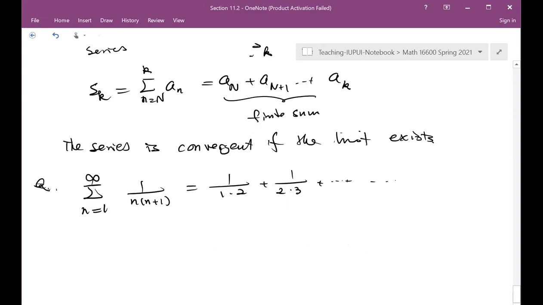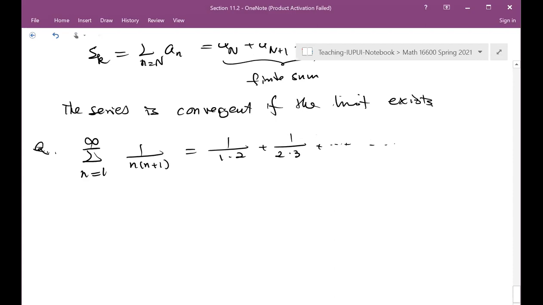This type of problem also shows up in math contests, even the middle school. You're surprised? That was a problem in the math contest.